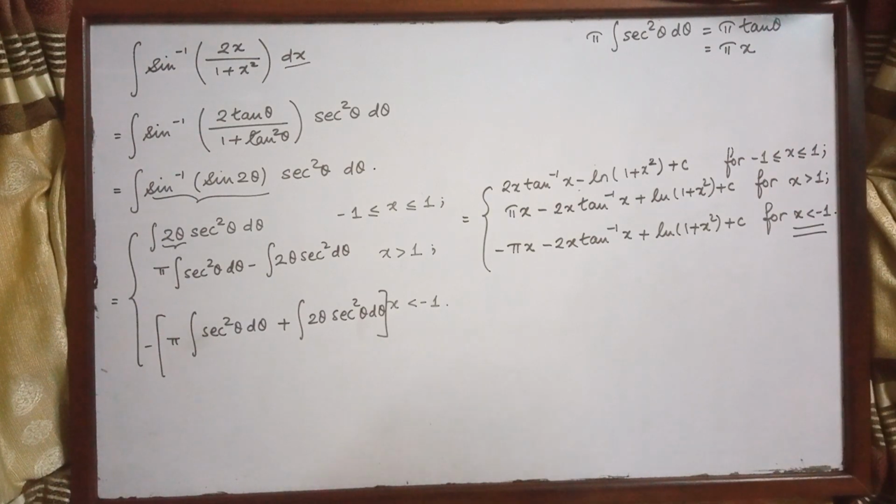So while using trig subs, you must be really careful that you understand the properties of the inverse circular functions or inverse trigonometric functions. Otherwise, you're going to get into a lot of trouble. All right, that's it for today. Thank you very much.